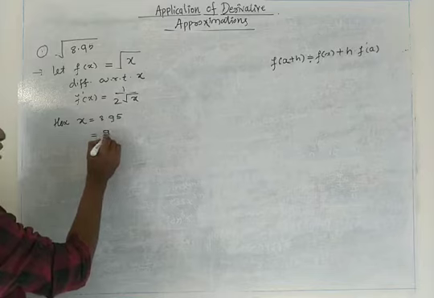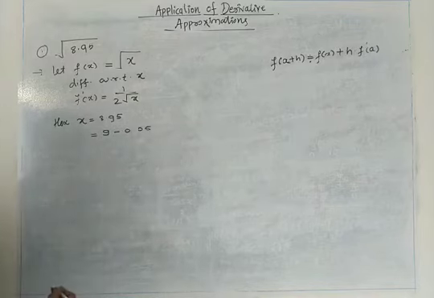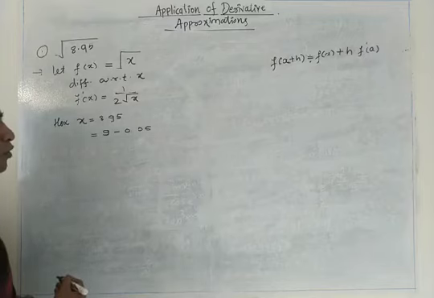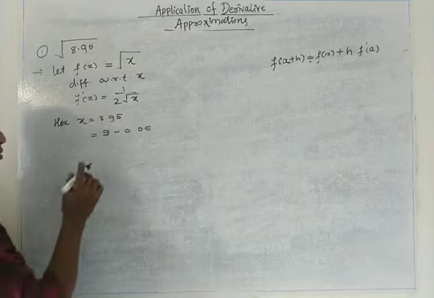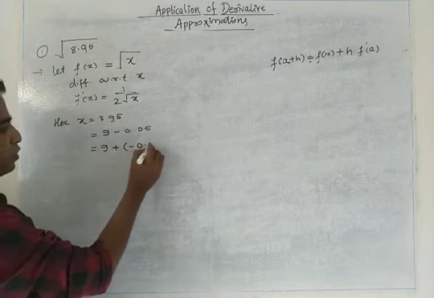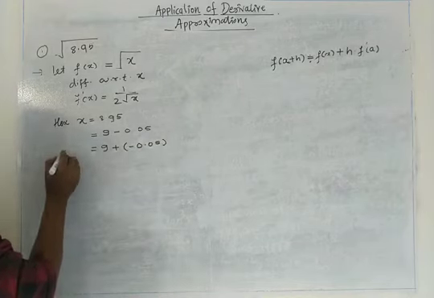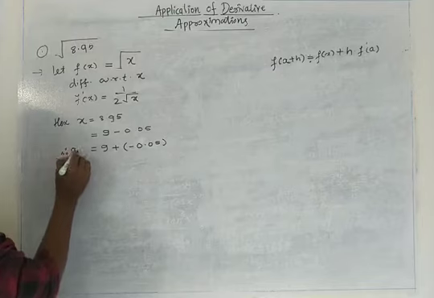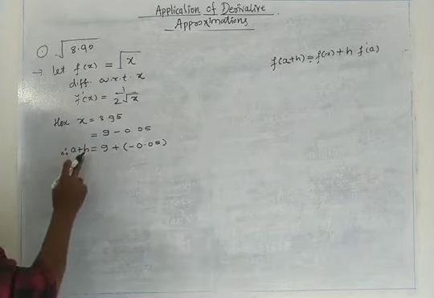It can be written as 9 minus 0.05, so 9 plus minus 0.05 gives 8.95. We are converting the value of x in terms of a plus h.